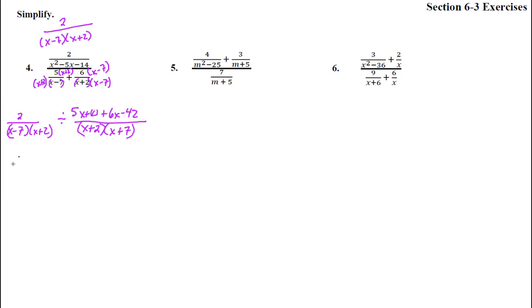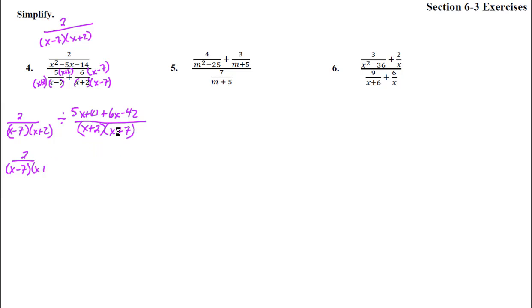Okay, so multiply by the reciprocal. Let's write the first fraction out. This is x minus 7, x plus 2. Now multiply by this guy flipped on its head, so the x plus 2 and the x plus, oh, that's a minus 7 there, not a plus 7.